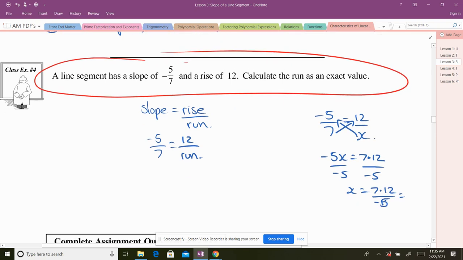7 times 12, that's 70, 14, that's 84. 84 divided by -5. We can just do a decimal here. That's -16.8.